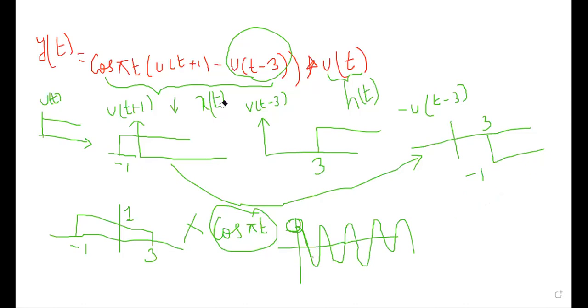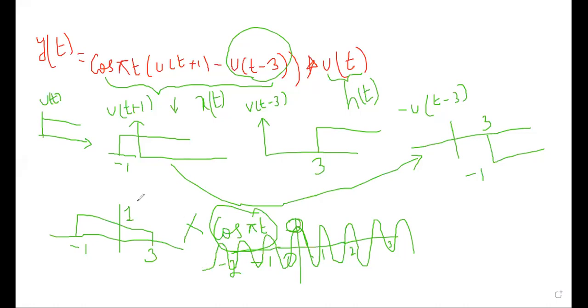Now, this cos pi t has the range 0, 1, 2, 3, and I will have minus 1, minus 2 also, because this is a continuous signal. I'll have amplitudes for plus t as well as minus t.